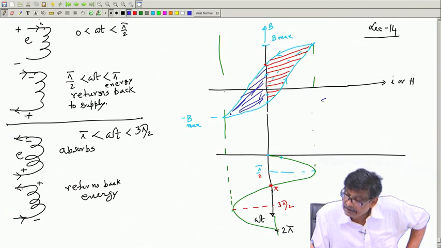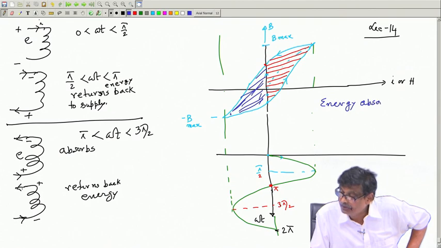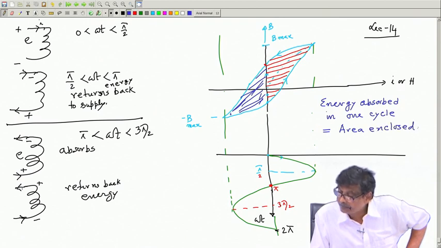Therefore, energy absorbed in joules in one cycle is equal to the area enclosed by the BH curve.